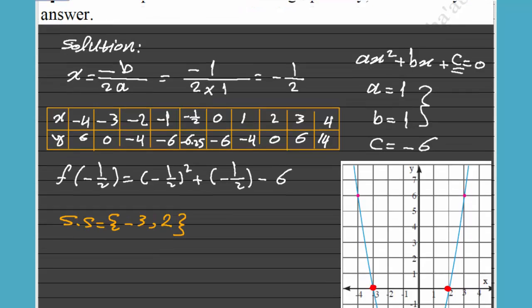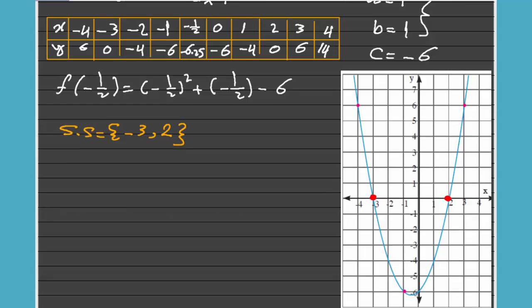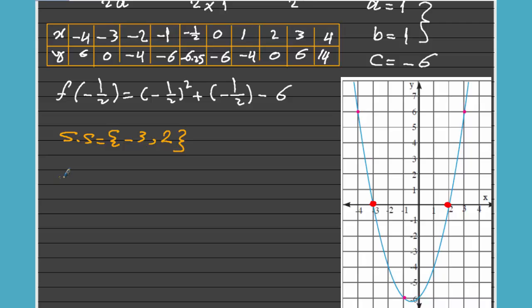Now how to check this solution? First, we can solve this equation algebraically by factorization. So I'll write it again. x squared plus x minus 6 equals 0. And we factorize it into two factors. x squared equals x multiplied by x.